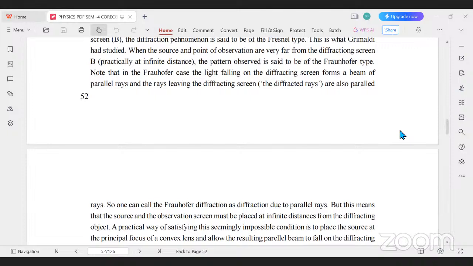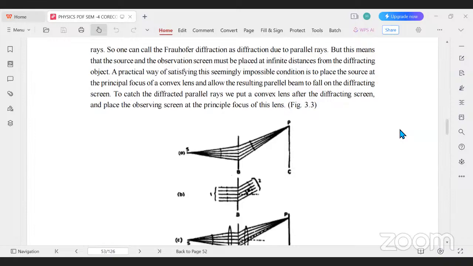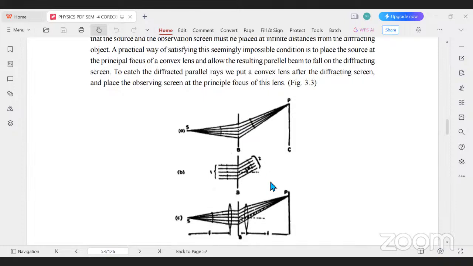A practical way of satisfying this seemingly impossible condition is to place the source at the principal focus of a convex lens. So let us see the experiment, step by step. Different materials give different diffractions. When they place one material over here, we see how the laser bends.